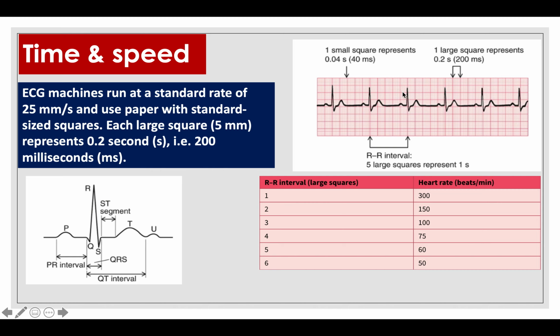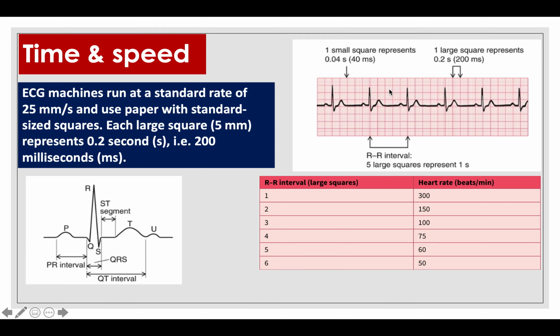So a simple way to calculate heart rate is to count the number of large squares between R waves. If there's one big square, so imagine there was one R wave here and another R wave, that means your heart rate is probably 300, which means you are sinus tachycardic. If it's two boxes, 150; then 100, 75, 60.